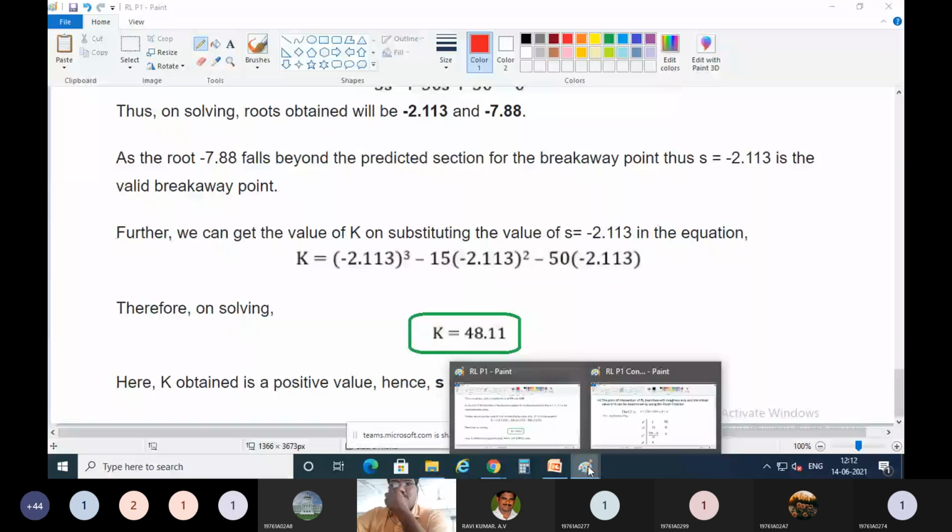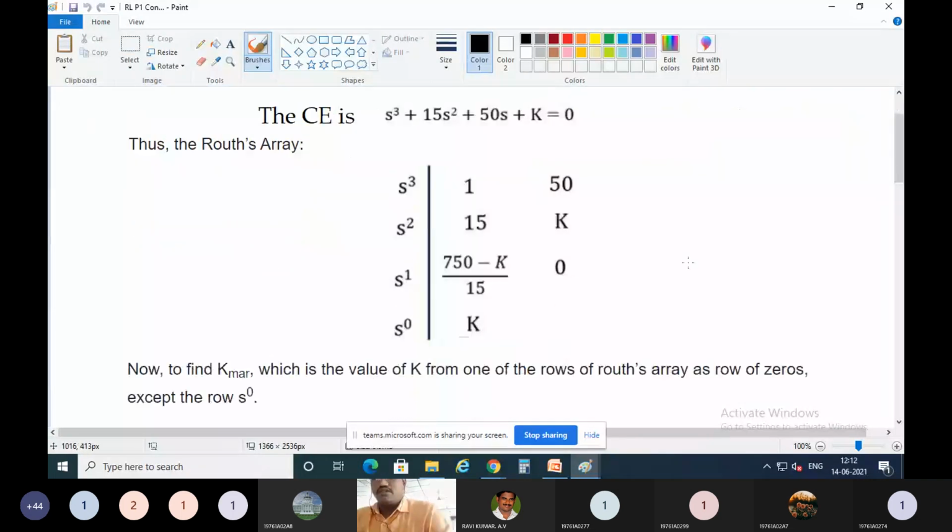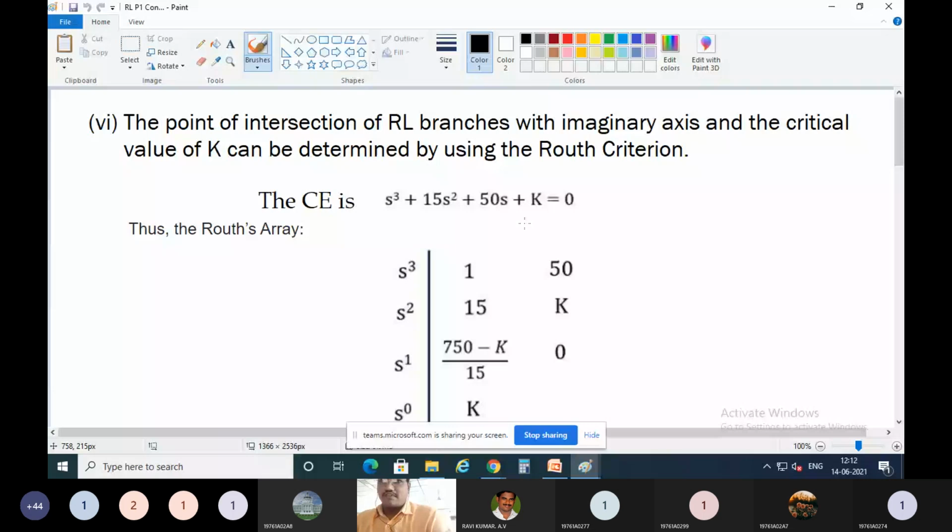Next, the point of intersection of the root locus branches with the imaginary axis can be calculated with the help of the Routh-Hurwitz criterion. The characteristic equation is S cube plus 15 S square plus 50 S plus K equal to 0.